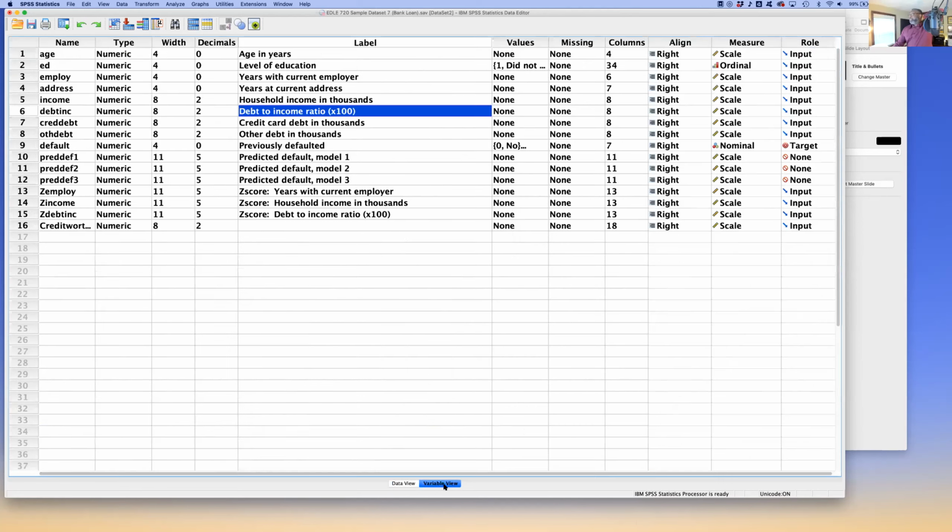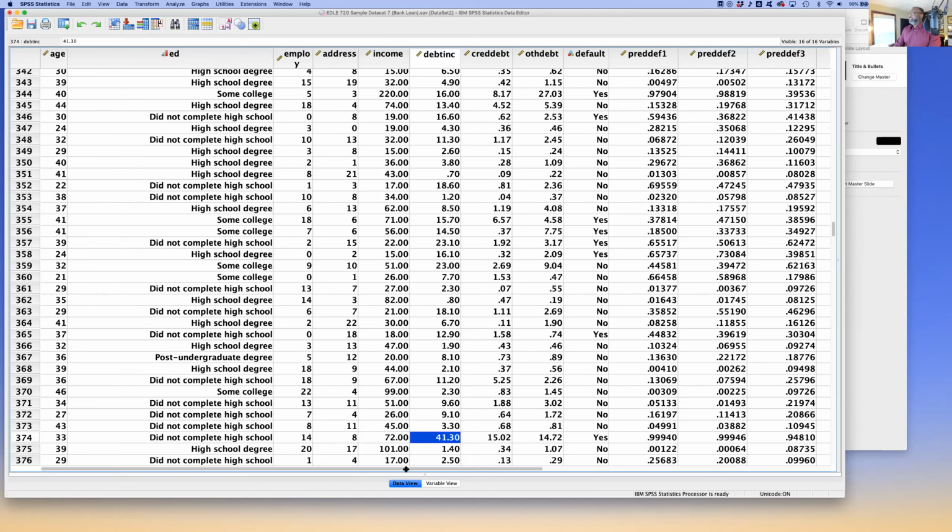Actually, what I'm going to do real quick, I think I'm just going to delete that. I'm probably spending too much time on this, but I love it because it's helping me get this stuff right. If we are not sure that debt to income ratio is the best measure here, we know credit card debt is a straightforward measure.